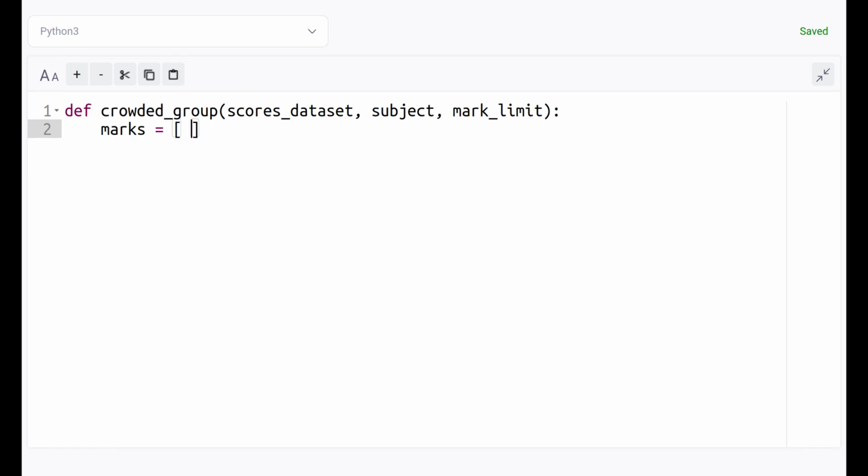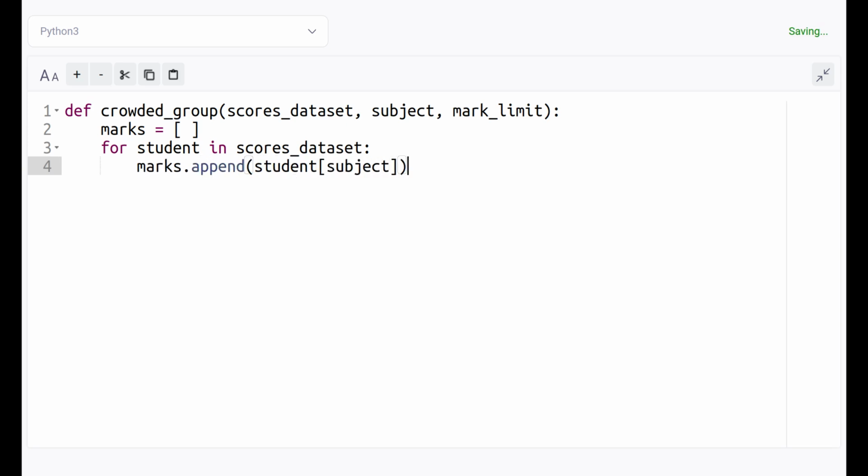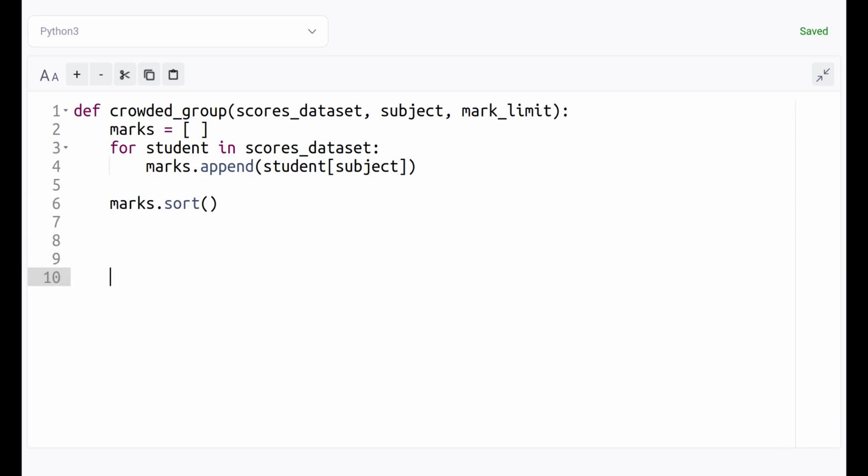First, we extract the marks of the students in a subject. For each student in the scores data set, we get hold of the student's mark in this subject and add it to a list by doing marks.append of student of subject. Now we sort the marks in ascending order, and we assume that the maximum group size to begin with is 1.